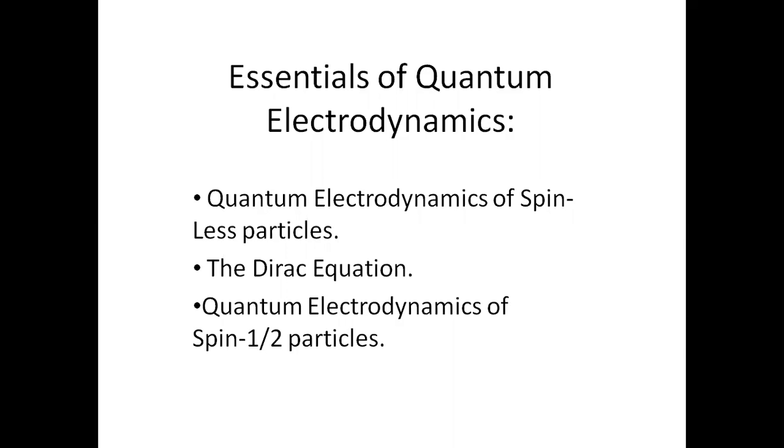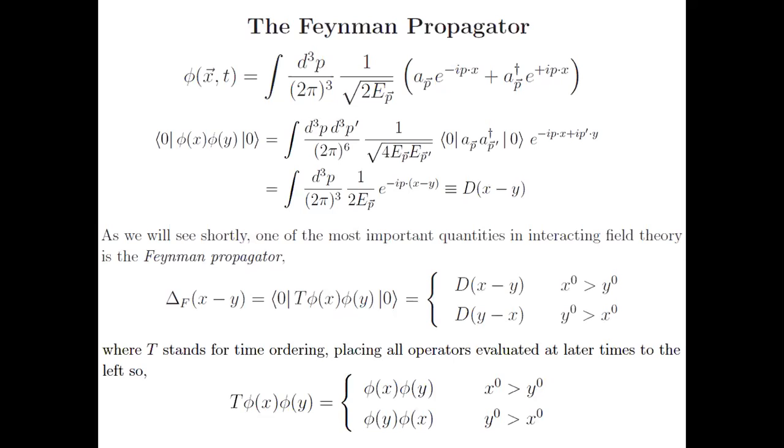So starting, I know this is a lot of mathematics, but let's see what is happening here. First of all, we are deriving the Feynman propagator of the scalar field. What is a scalar field? The scalar field is a solution of the Klein-Gordon equation. Now, what is the Klein-Gordon equation?